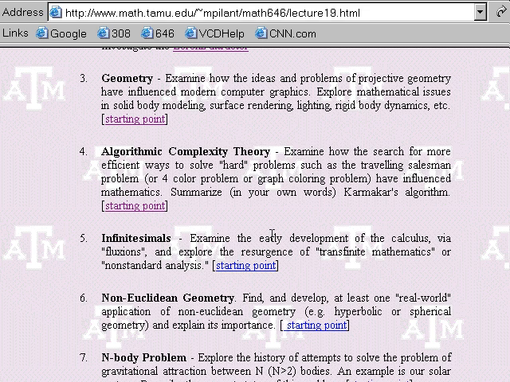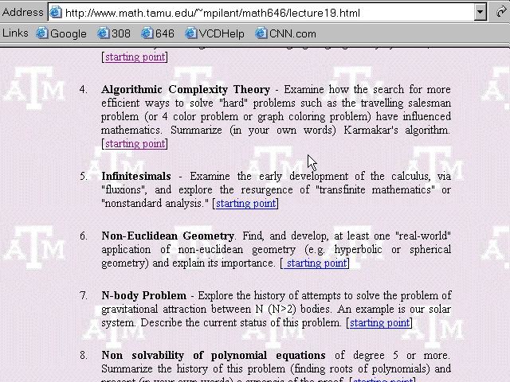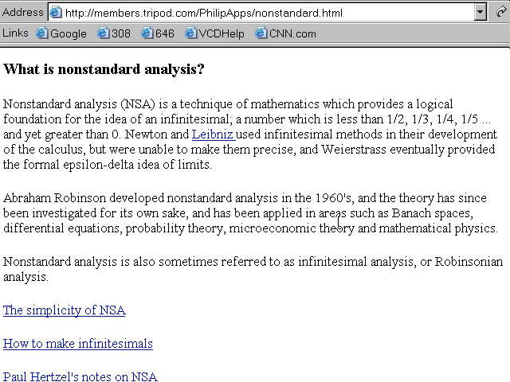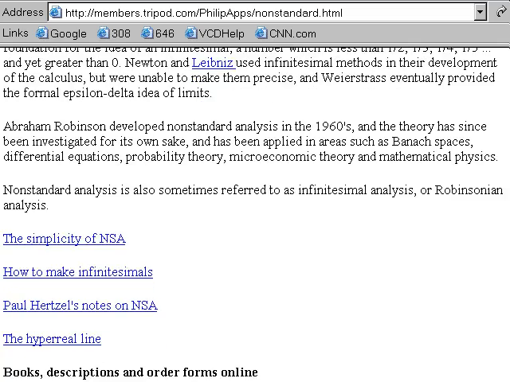Another more exotic topic for a final project would be infinitesimals. These were actually very early in the origins of the calculus. Back then they were known as fluxions. Now they've had a resurgence in modern times in non-standard analysis or transfinite mathematics, and there's a starting point here on non-standard analysis.